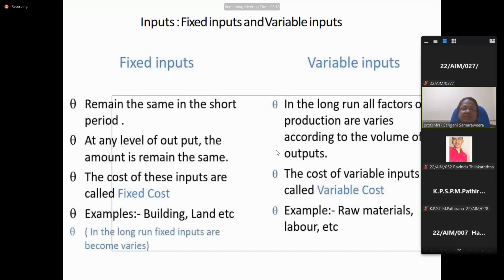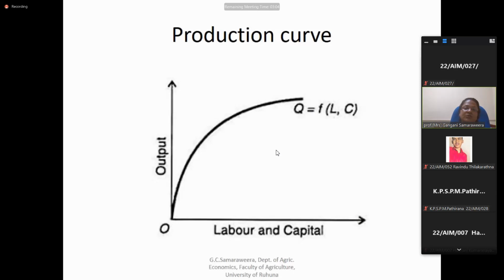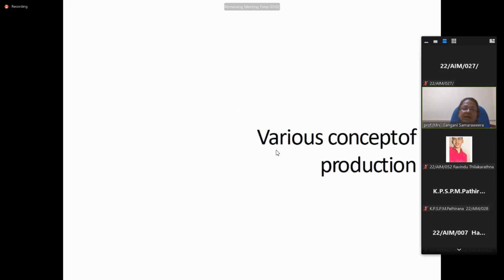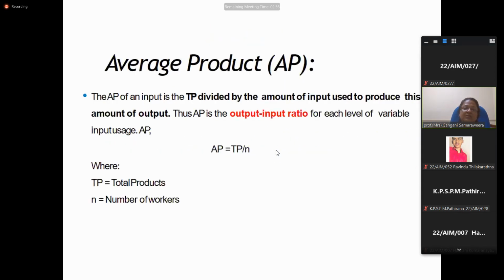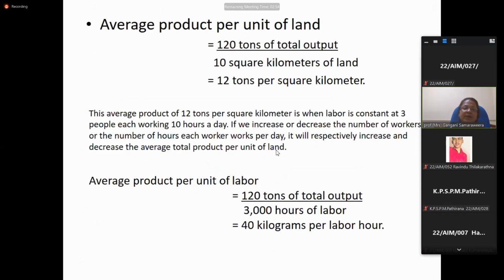Fixed cost is fixed with the production level, but variable cost is changing with the production level. So this is the production curve we discussed. Then we discussed various concepts. Basically, three concepts: total product, average product, and marginal product.